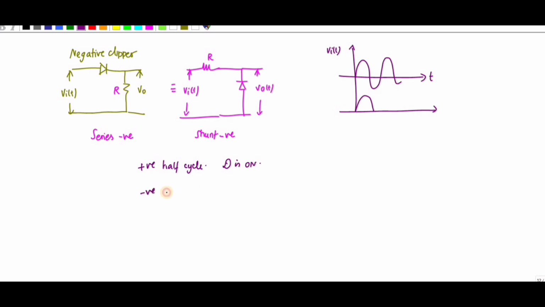During the negative half cycle, the diode is off, so the input will not reach the output. You will get this kind of waveform, and this is called a negative clipper. This type of circuit we have already discussed in the half wave rectifier. Next, biased clipper.